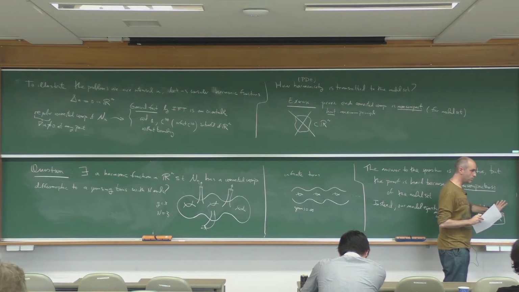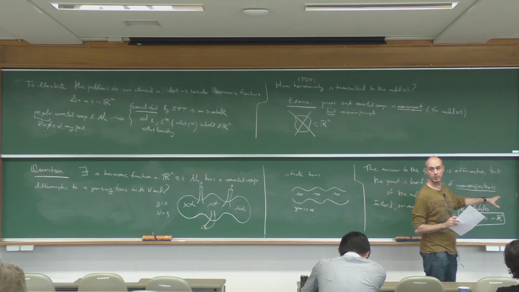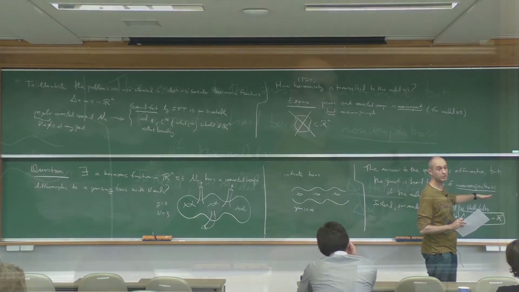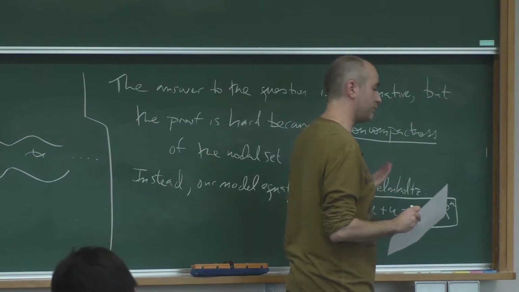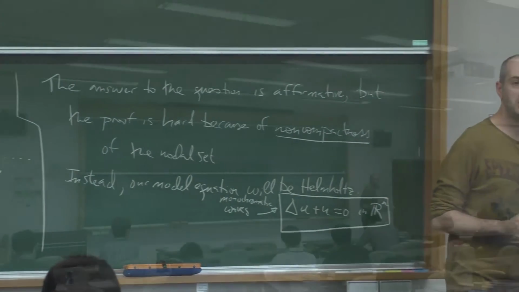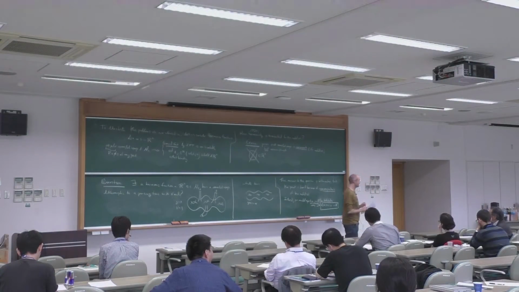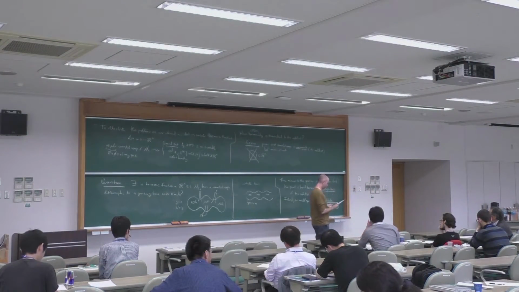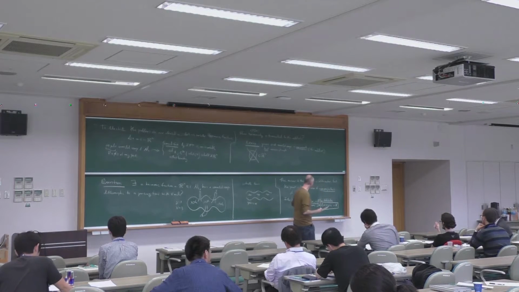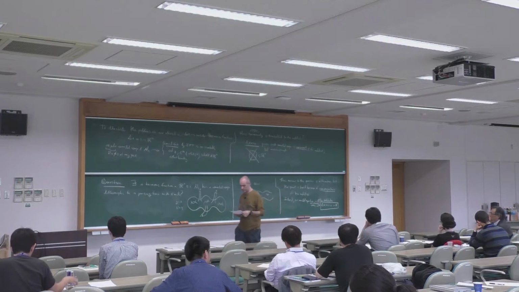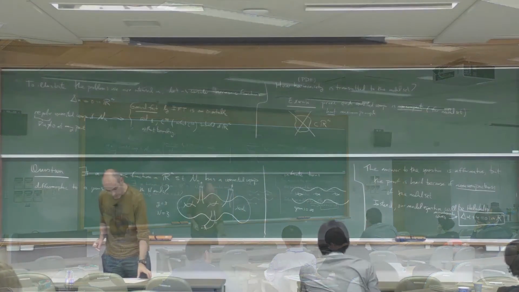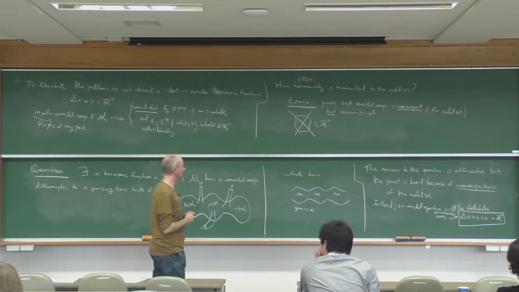And we will study the compact components of the level set, or of the nodal set in particular. It may also have non-compact components that you can study, but I'll focus just on the compact ones. So this is our model equation. This is the equation that I'll study during this course.